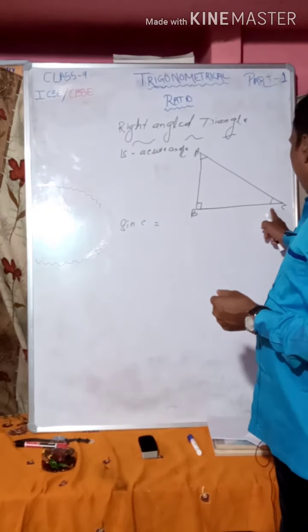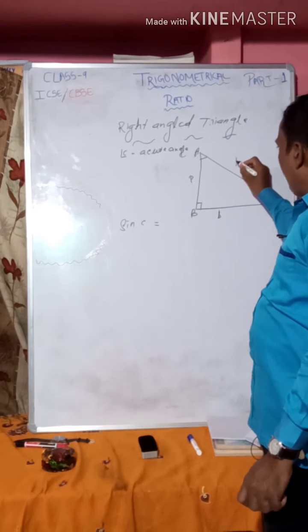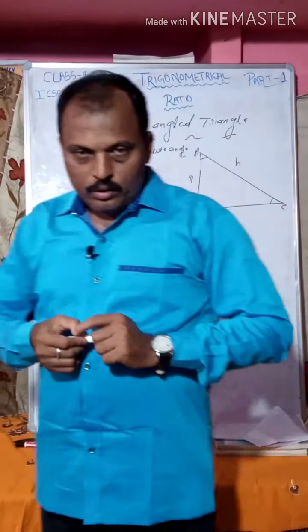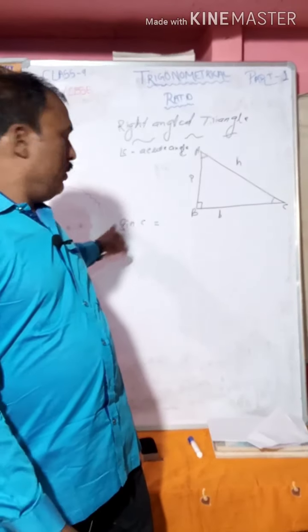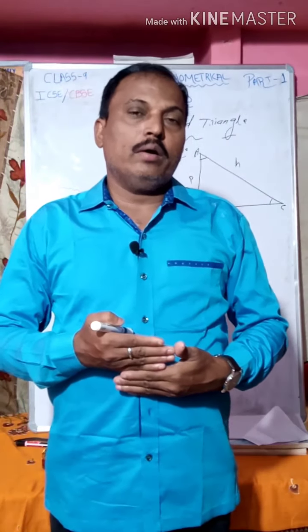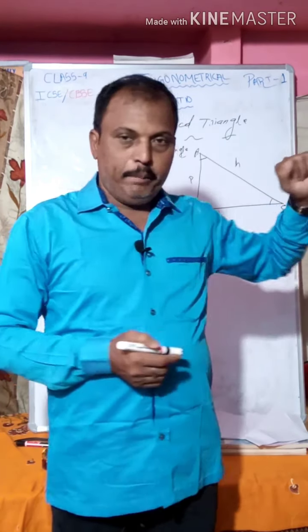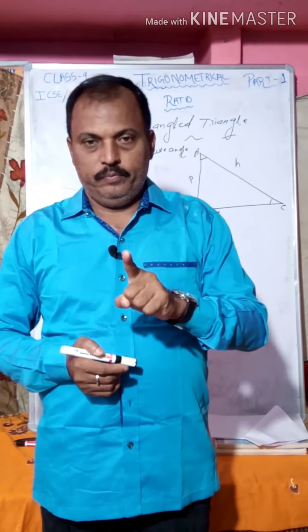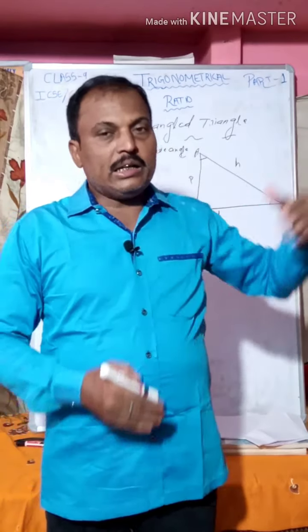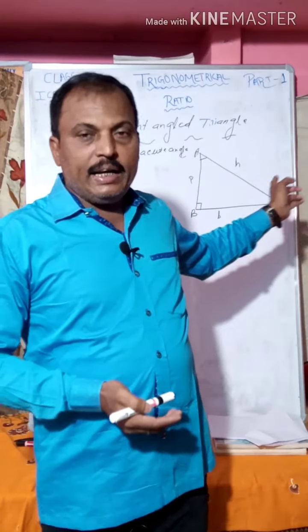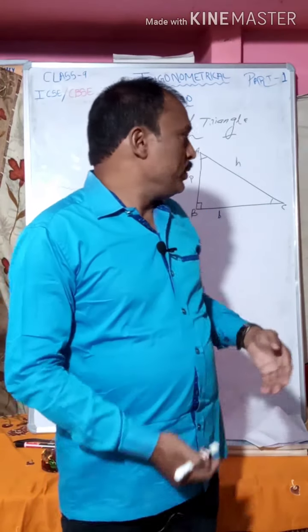So if this is the angle, this is the perpendicular, this is the base, and this is the hypotenuse. When we take angle C, we will find the 6 trigonometrical ratios. One angle, 6 ratios. Angle C has 6 trigonometrical ratios, angle A has 6 trigonometrical ratios, and 90 degrees also has 6 trigonometrical ratios.